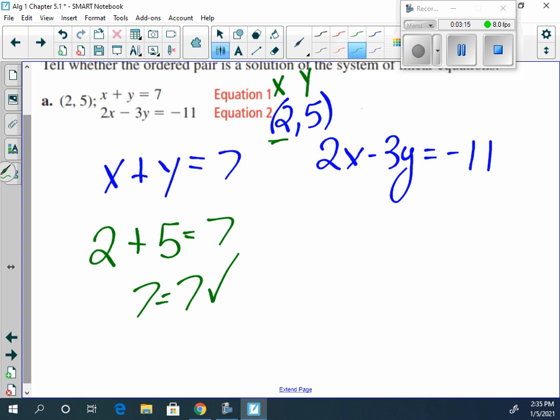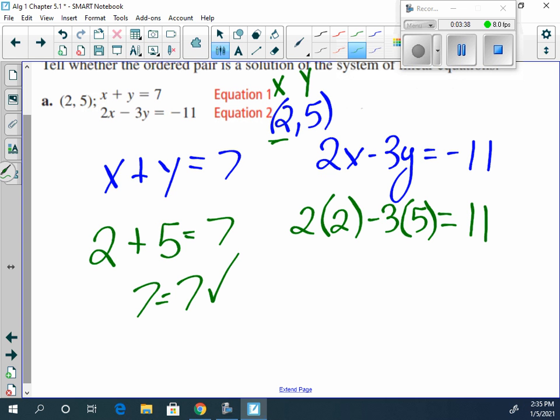We're going to do the same thing for the other equation. So we'll have 2 times, well, our x value is 2, so 2 times 2, minus 3 times, well, y is 5. So we're plugging in the values for x and y, 2, 5. Since we're given the point 2 comma 5, the 2 is the x value, 5 is the y.